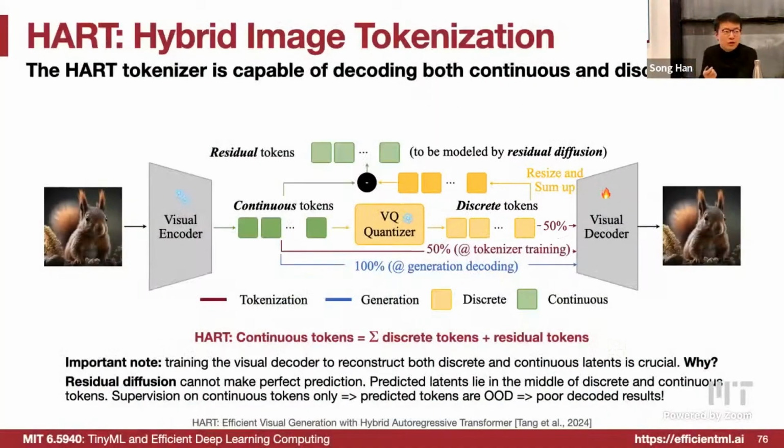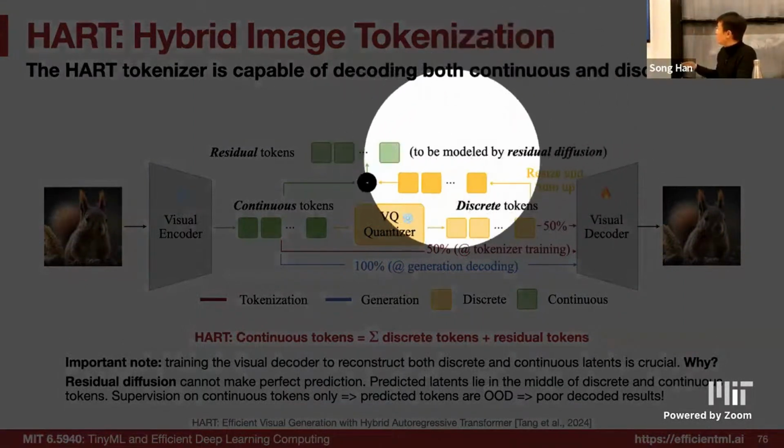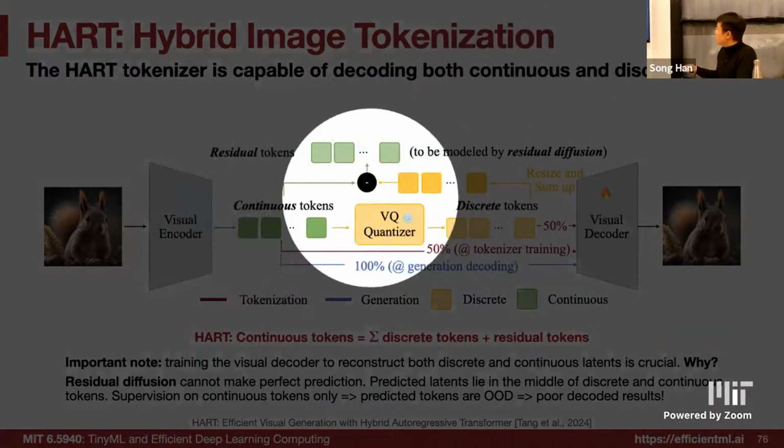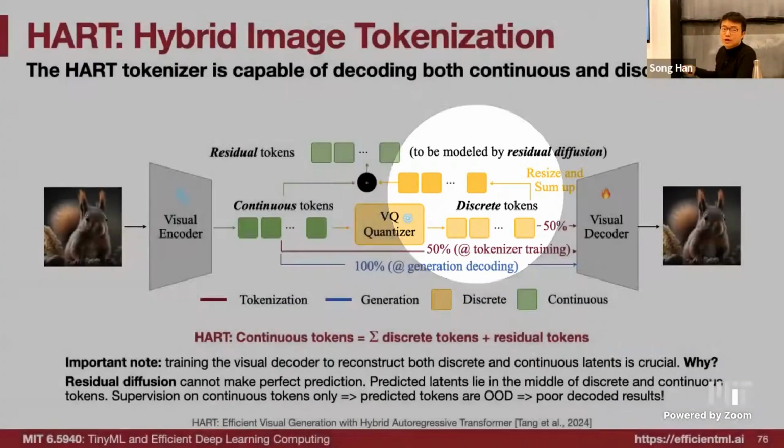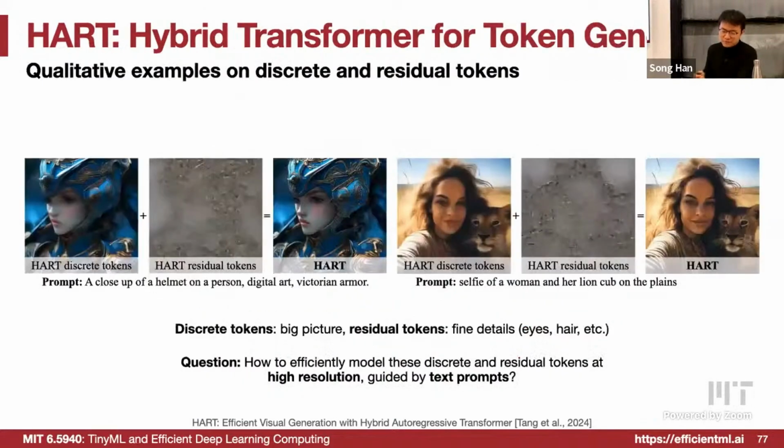That model can be as small as 30 to 40 million parameters, compared with hundreds of millions of parameters. Very small, so it only has to learn the difference between the continuous token and discrete token, so that we can make this diffusion model super small and super fast.